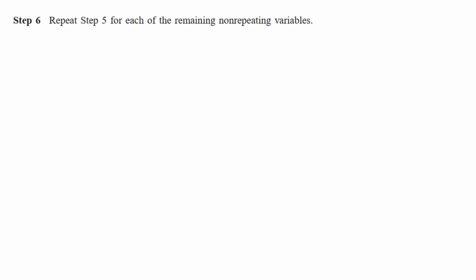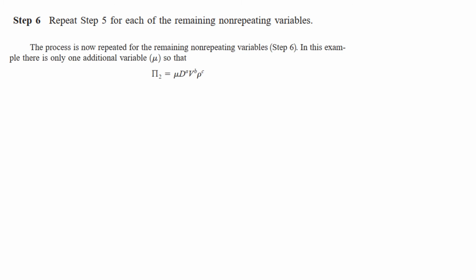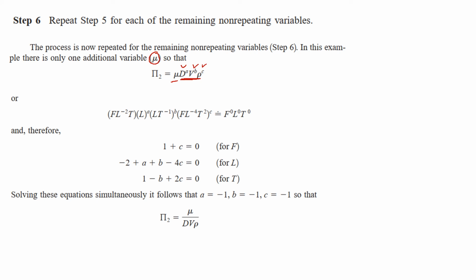So now in step 6, let's repeat step 5 for the remaining non-repeating variable, and the remaining non-repeating variable was our viscosity. So we took viscosity and multiplied it with the repeating variables that were diameter, velocity, and density, and then doing the same procedure, writing each of these variables in the reference dimension forms, equating them to a dimensionless entity, and then finding the values of a, b, c by adding the powers for each of the reference dimensions.